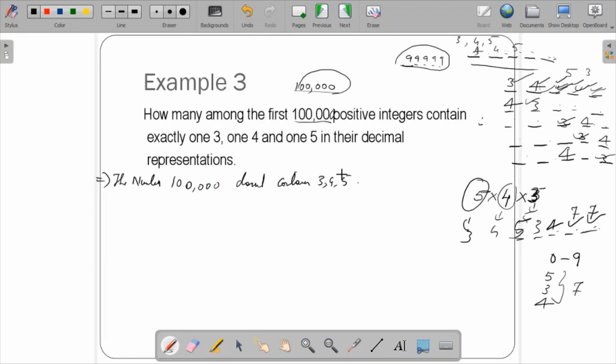So let us write it theoretically. The number 100,000 does not contain any 3, 4, 5.